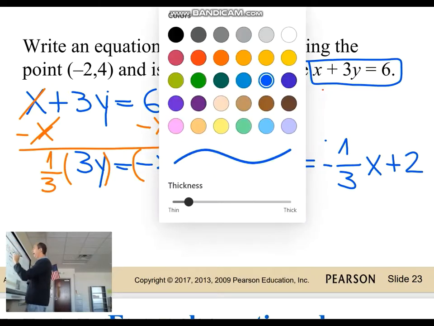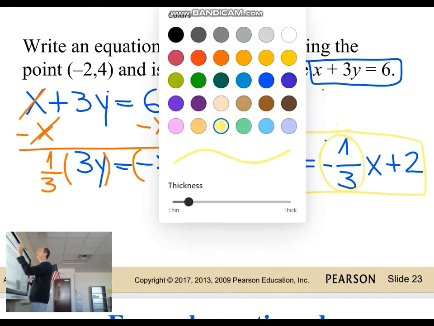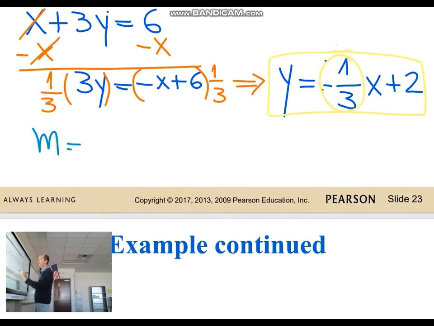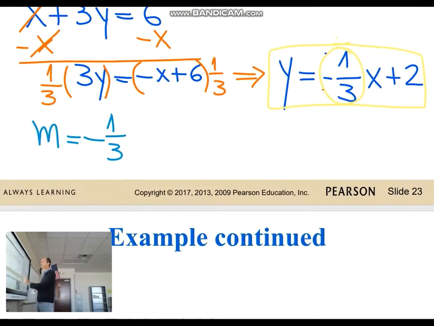Great. If we have this slope-intercept form, it's very easy to identify the slope, right? The slope is m equals -1/3, and if this line here is parallel, that means you have the same slope, but it will pass through a different point.